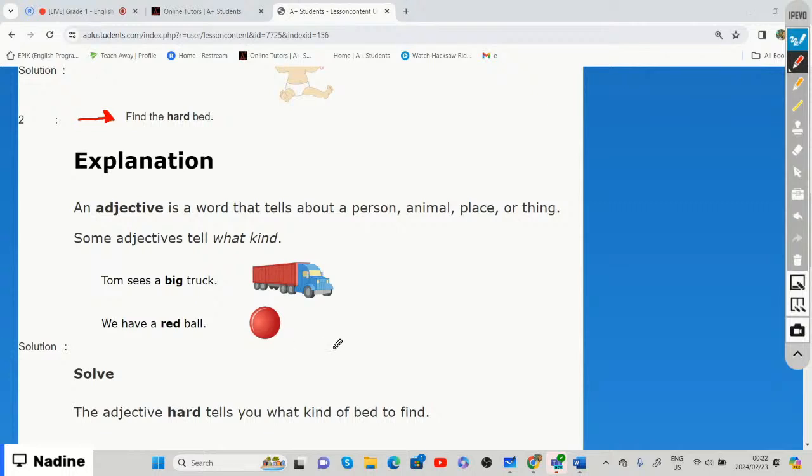And if we were to find the adjective within the sentence, that tells us what kind of bed to find, then we will say we need to find the hard bed, right? Because here they're describing the bed as hard, but they can even describe the bed as soft. They can describe the bed as small. They can describe the bed as big, but in this case, the bed is being described as hard. So find the hard bed. And hard is our adjective.